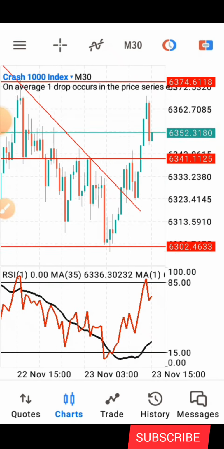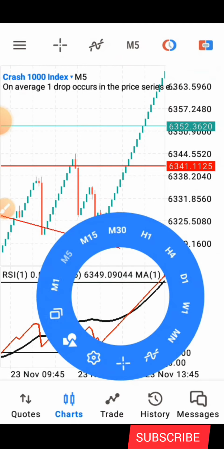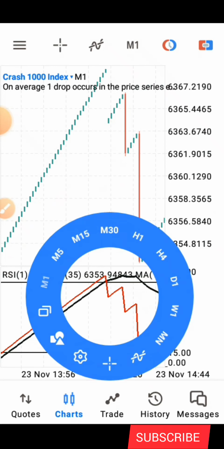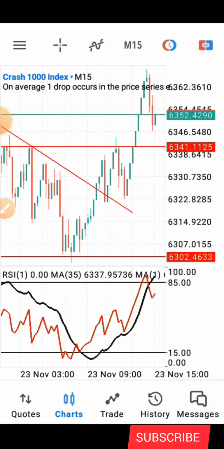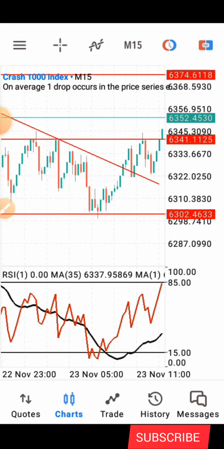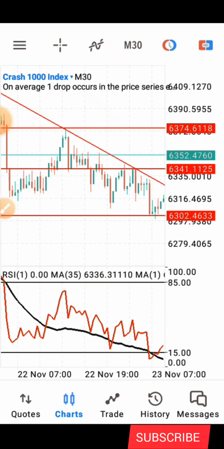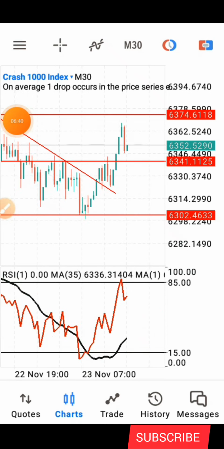Here I can see the support and resistance zone. Now let's check the 5 minutes. All right, let's go to the 1-minute time frame. Let me check if I can see some zones I will identify. Here on the 15-minute time frame I can still see something, but it's not important. This thing is not just a line, these are zones, so you are going to treat it as such.